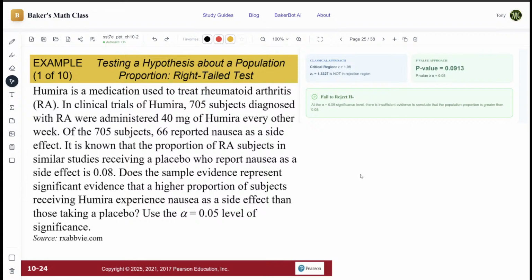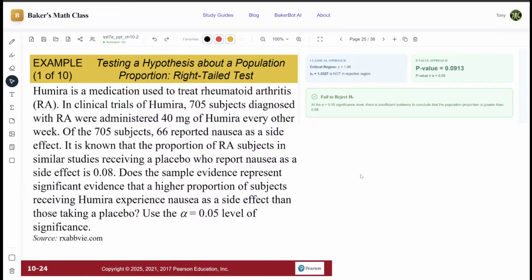We just failed to reject the hypothesis, which means in this situation that for the new medication, I do not have sufficient evidence to state that the drug has a higher percentage or a higher proportion of nausea. It's not significant enough to show me that there's a higher percentage of nausea with this medication.